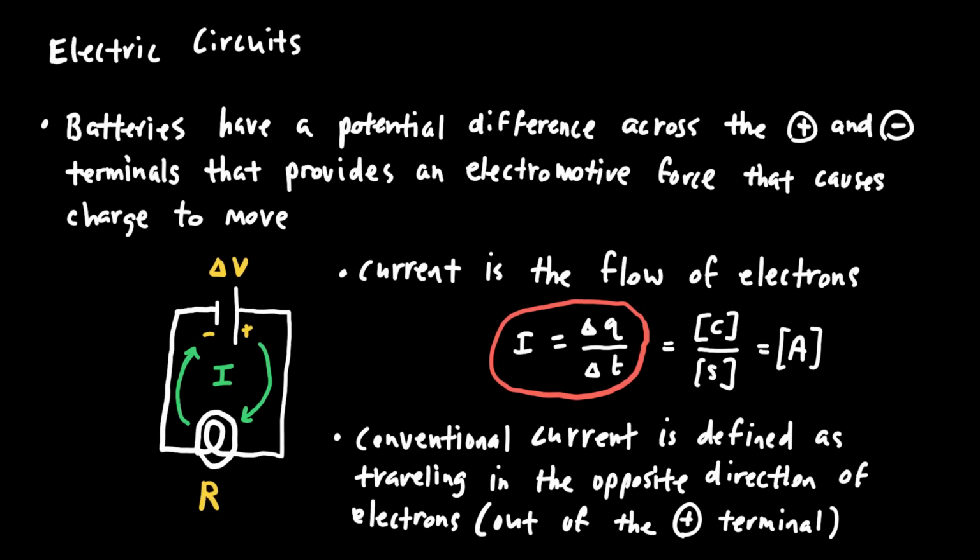Now I'd like to shift focus to talk more about electric circuits. So we know that batteries have a potential difference across their positive and negative terminals. If you look on a battery, it might say something like 1.5 volts. That is describing the magnitude of that potential difference across those two terminals.